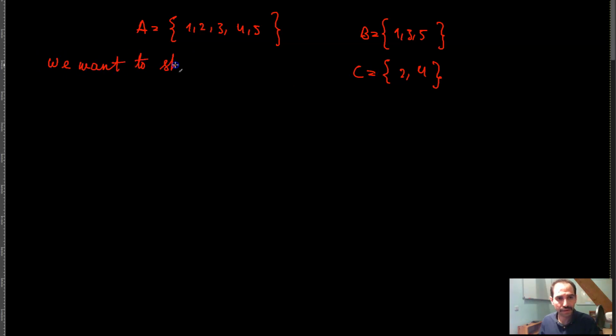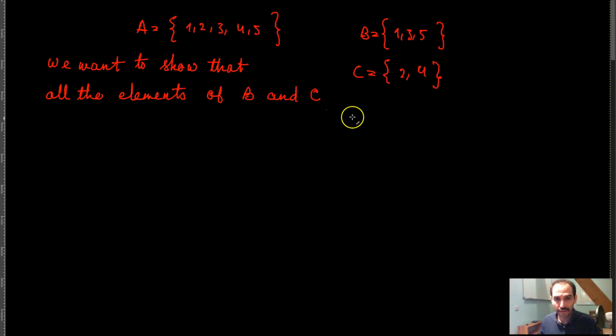We want to show that, number 1, all the elements of B are related to each other.